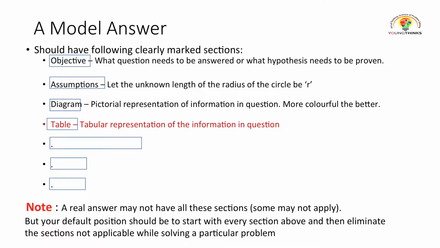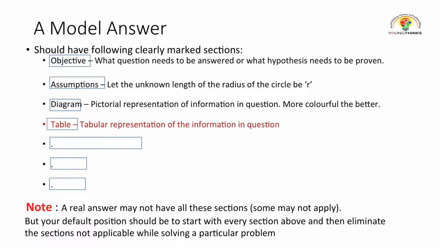After that, or along with that, or either or between diagram and table, you should, as far as possible, use a table. You should be representing your information and the steps in a tabular fashion. It's much better than writing long paragraphs explaining something.